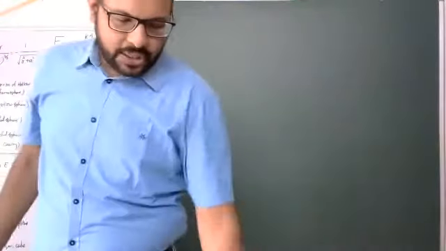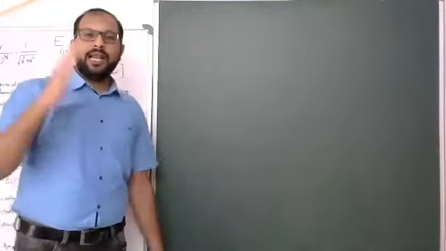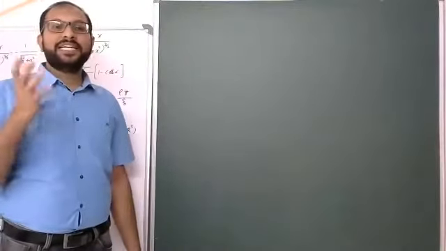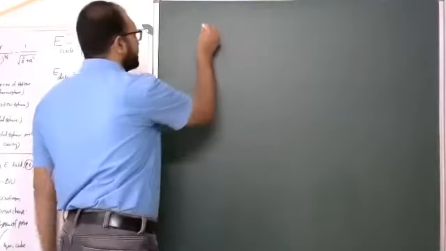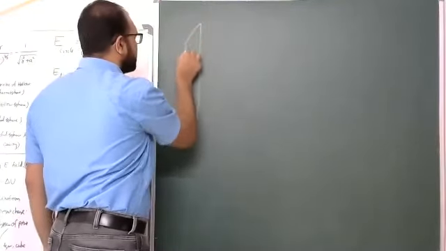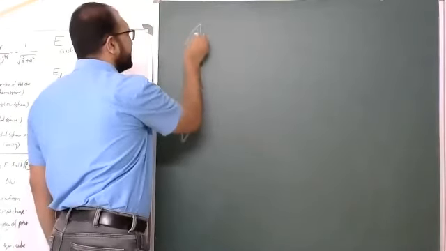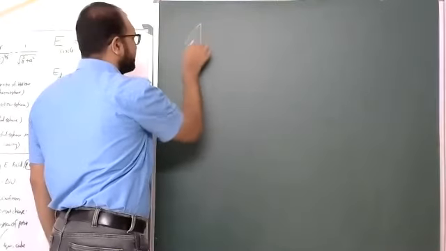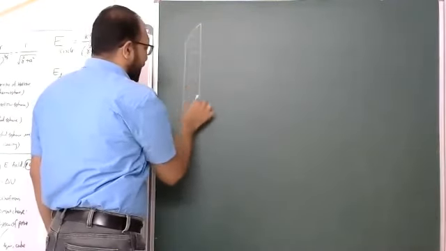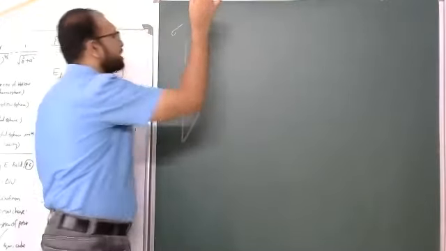Students, another charged body I am taking now: a charged sheet, a very large charged sheet. Here the charge is distributed on the surface, with surface charge density sigma.